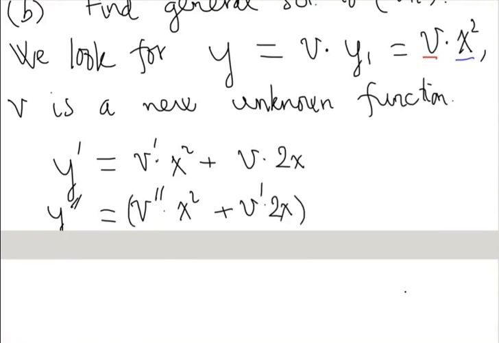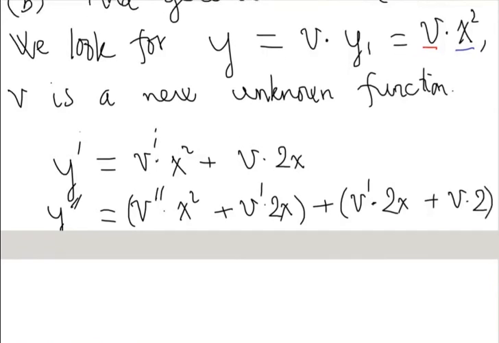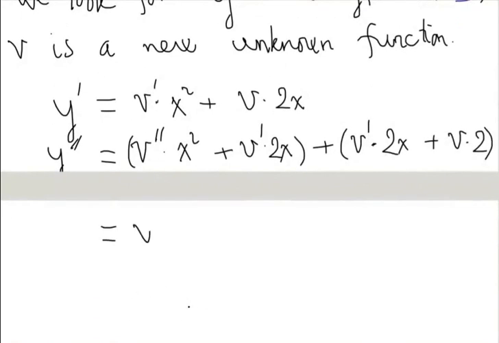That's the first product. For the second product, we use the product rule again: v' times 2x plus v times 2. And we simplify to get v'' times x^2, plus, you see that here we have twice v' times x and another twice v' times x, so 4 v' times x. And lastly, we have 2v.